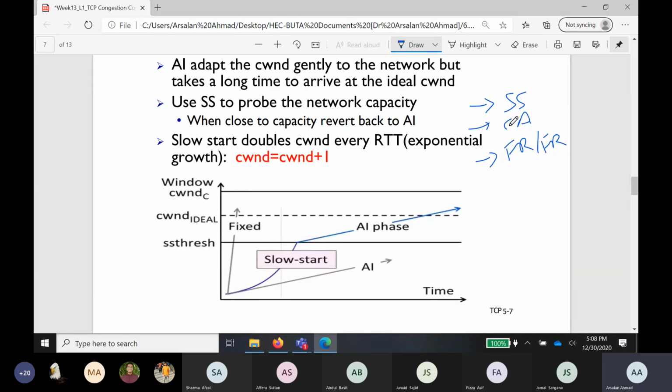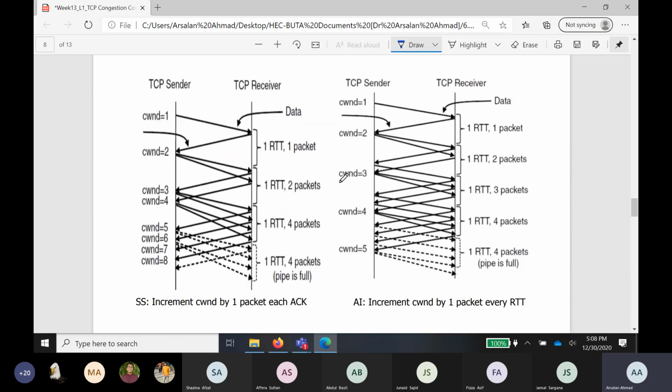Okay, and we discussed the difference between slow start and congestion avoidance, and we saw that in slow start, the window size keeps doubling every RTT, and to keep doubling the window size in every RTT, we need to run this formula after every ACK. Okay, so after receiving every ACK, we need to increment the window size by 1.